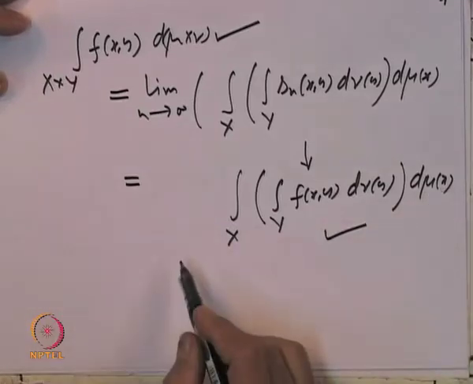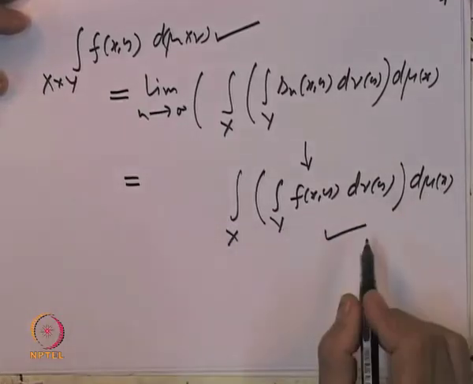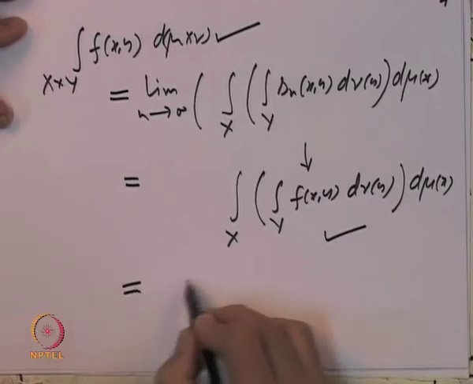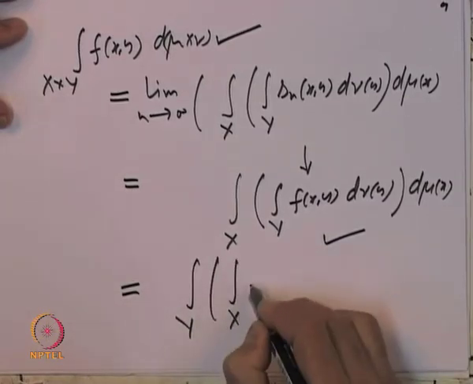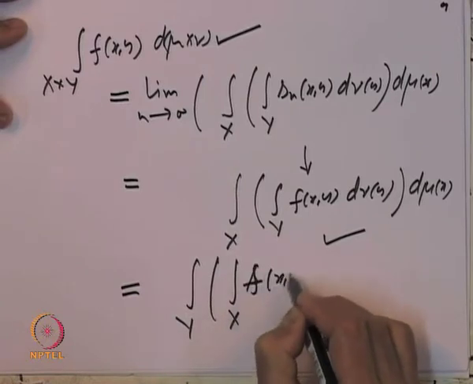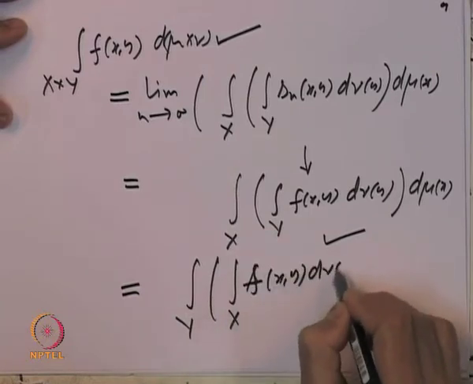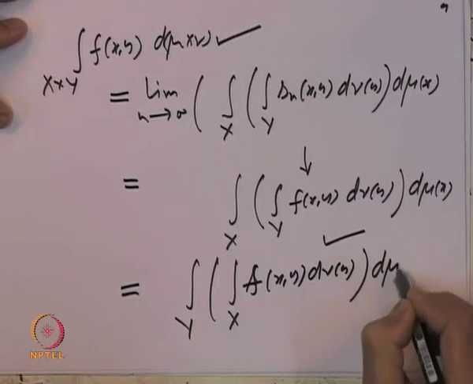And we can interchange x and y, the same arguments apply. So, this is also equal to the integral over y, integral over x of f of x y d mu x d nu y.